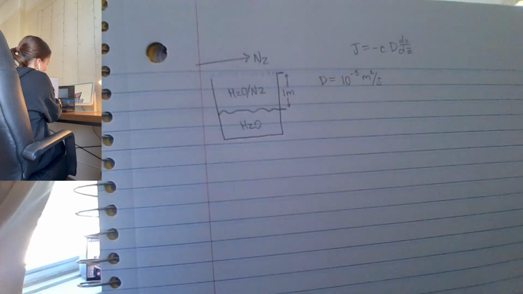So I'm going to rewrite Fick's law really quick. That's going to be J equals negative CD dx over dz. We're going to know that D is going to be equal to 10 to the negative fifth meters squared per second. So that's going to be our diffusion coefficient, 10 to the negative fifth.